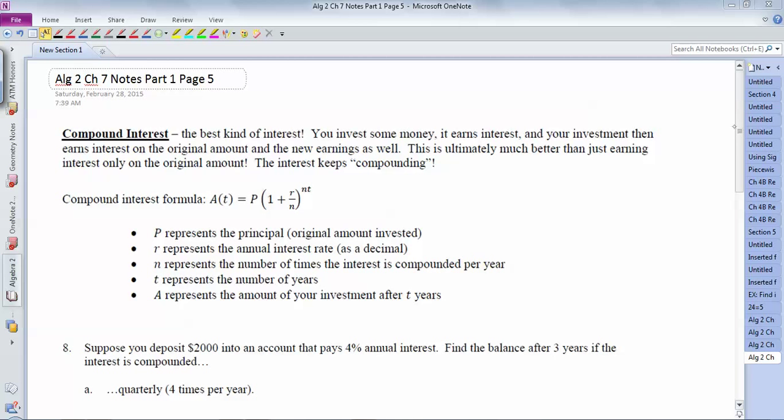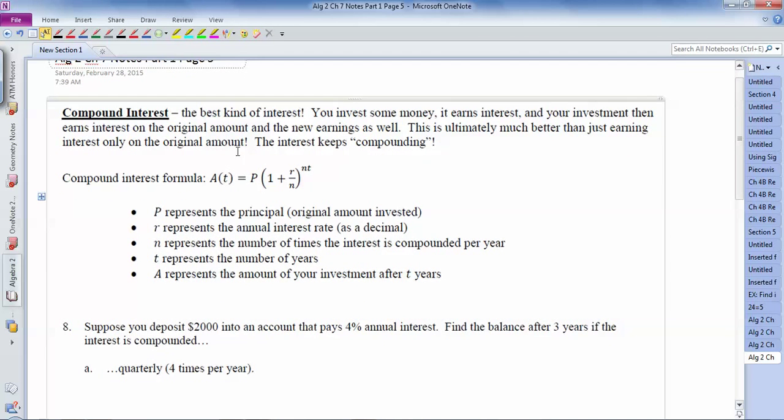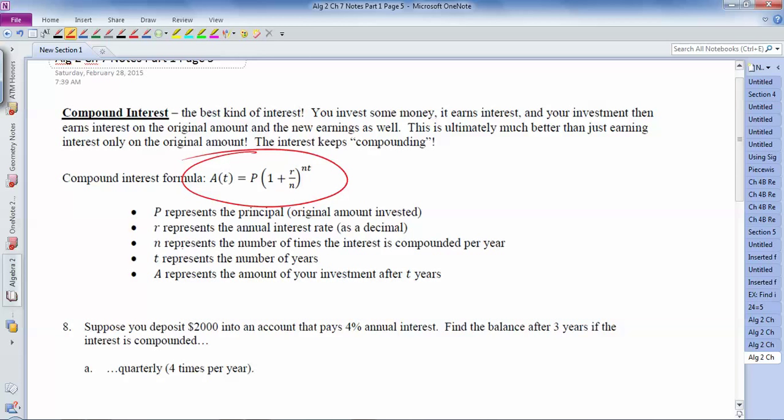So let's look at the formula for it right here. There are a lot of variables. A is the amount of your investment. P is the principal, which means how much you originally invested. R is the annual interest rate, but you have to turn it into a decimal.